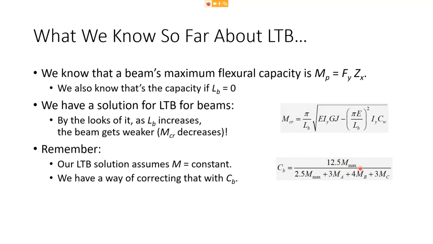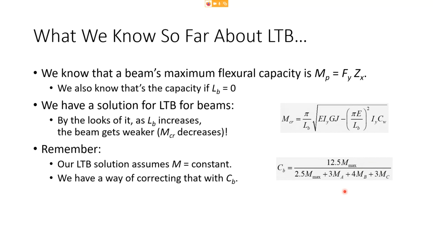So Mmax, MA, MB, and MC all equal one another. Then on the bottom you have 2.5 plus 3 plus 4 plus 3, which is 12.5. 12.5 on the top, 12.5 on the bottom, and CB ends up equaling 1.